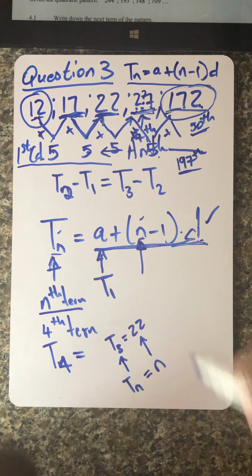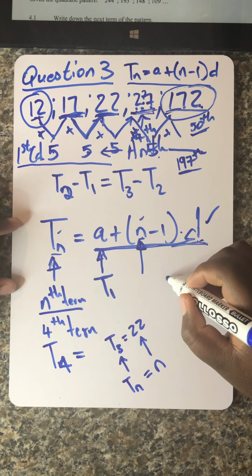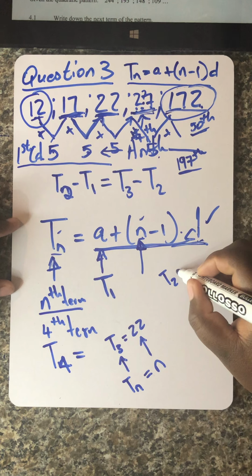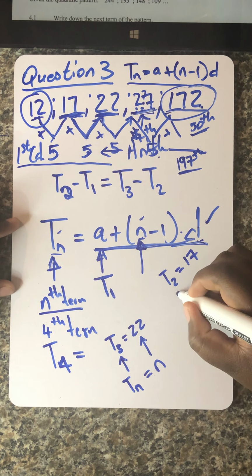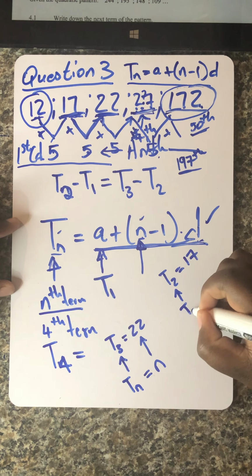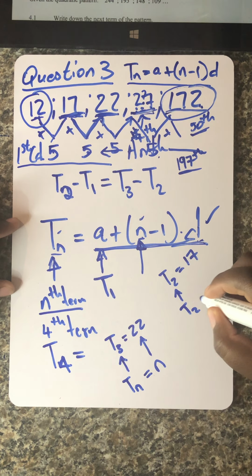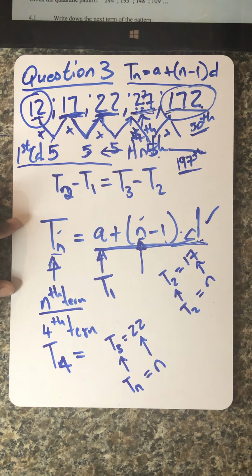Okay, so let's just try something else. Let's say, for example, term number 2 on that pattern equals 17. So in short, we are saying T2, which is term number 2 of that pattern, equals N, which is 17.